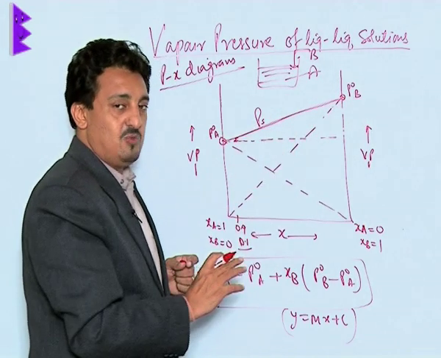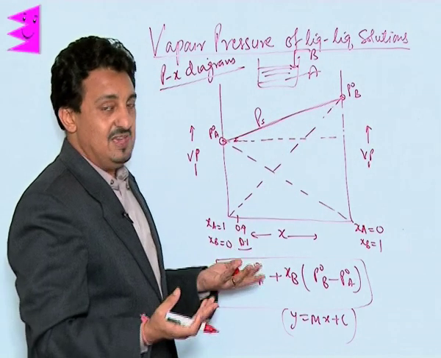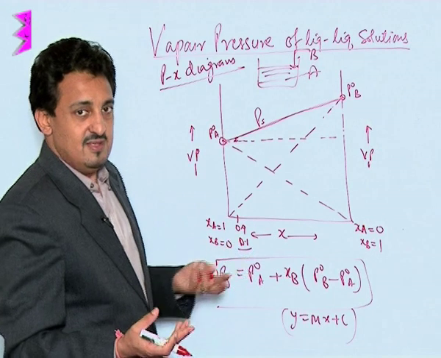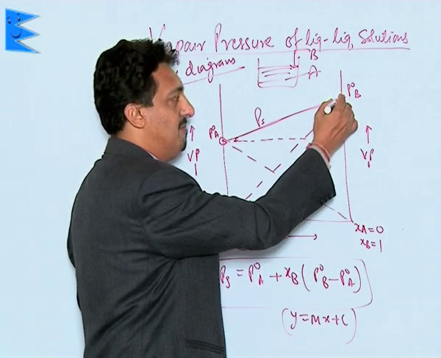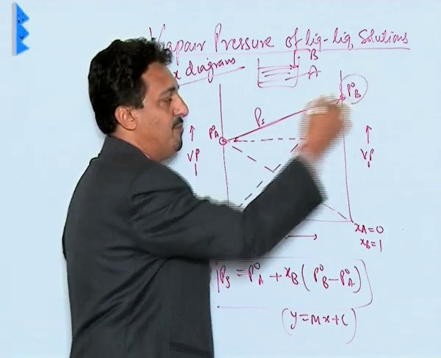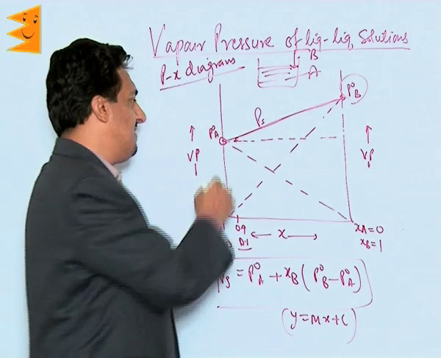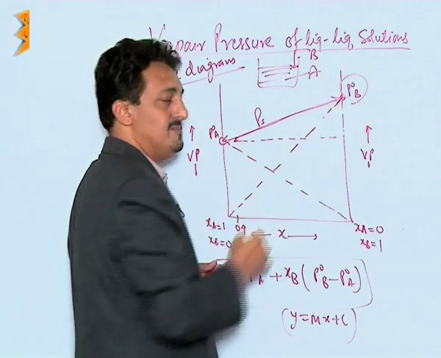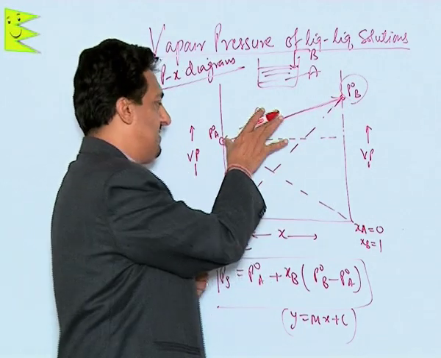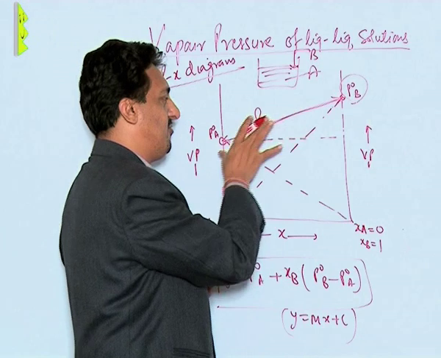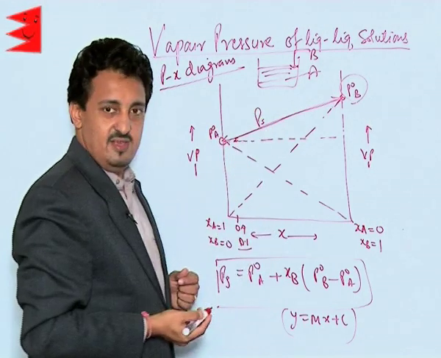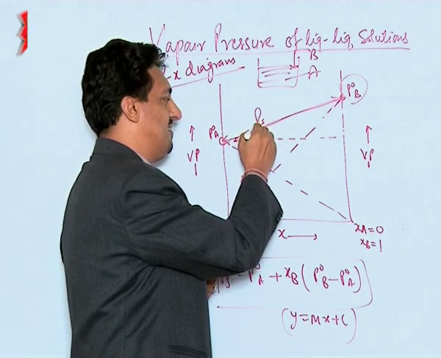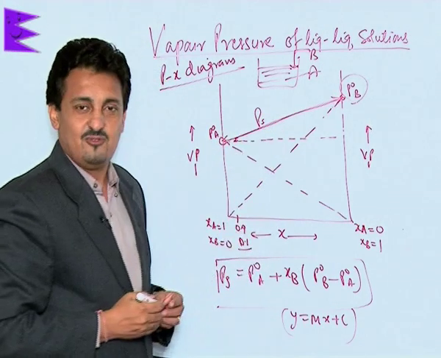We can reach a situation where we have only B, and A is almost negligible. Then the vapor pressure of the solution will be equal to the vapor pressure of B in the pure state, which is P naught B. So these are the extreme ends possible, and from P naught A to P naught B is the situation which is called the solution, and this straight line indicates the vapor pressure of the solution.